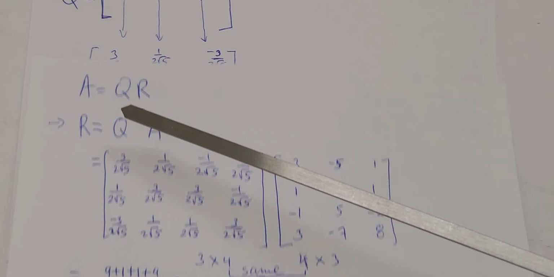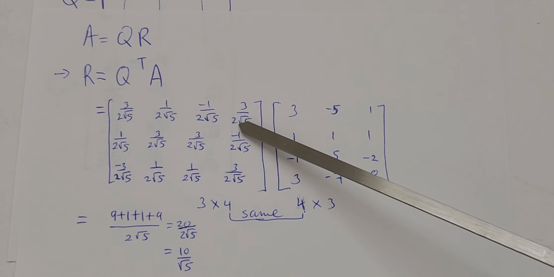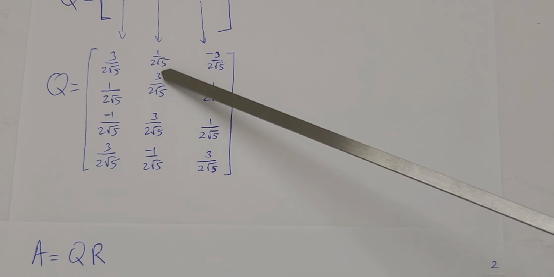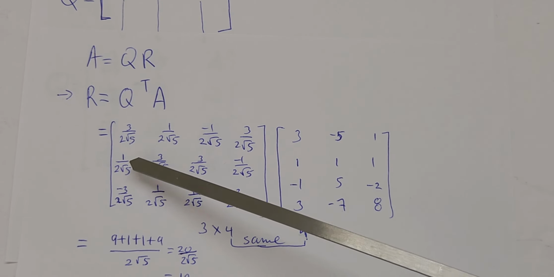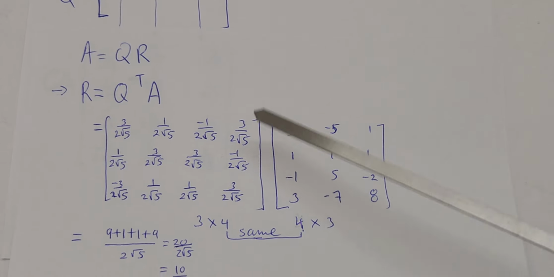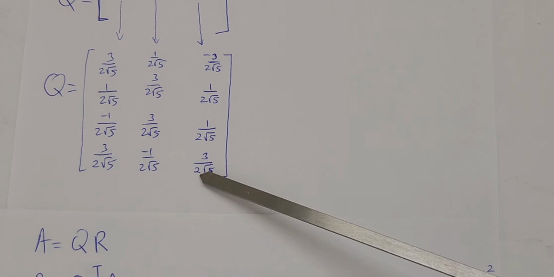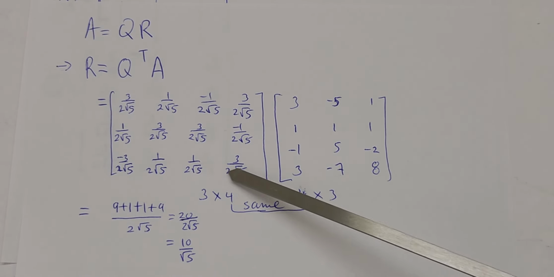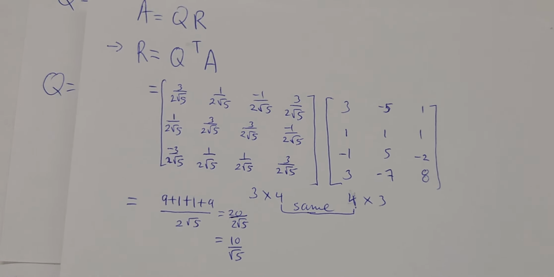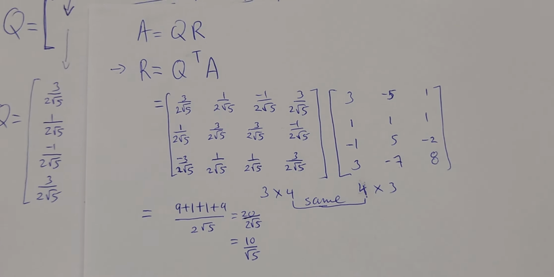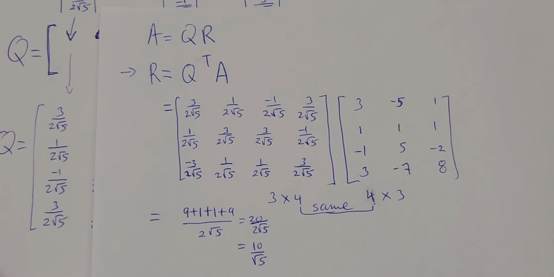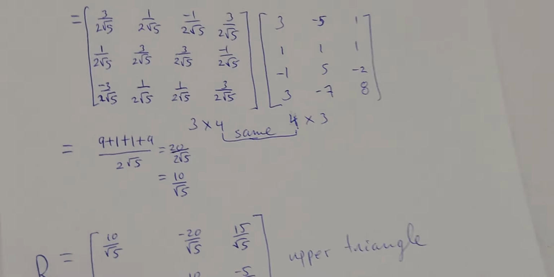Column 1 changes to row 1, column 2 to row 2, column 3 to row 3. That's all you're doing, just switching them. I'm going to move this to the side so that you can see a little bit better, I hope.